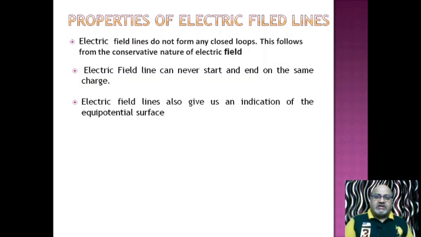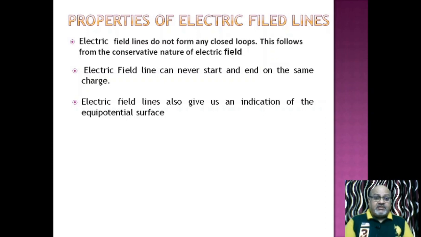Electric field lines also give us an indication of the equipotential surfaces. Now see, potential is another property of the static charge. We will discuss it in the next chapter. So now see, electric field line is a beautiful concept which gives much information and clears many concepts about the electric field.